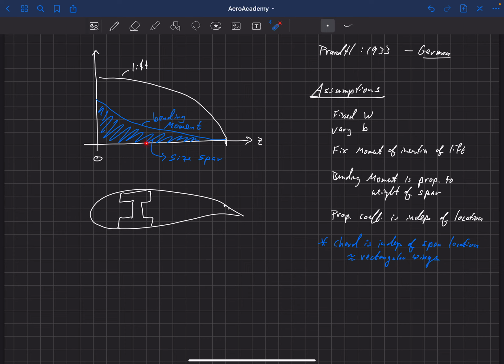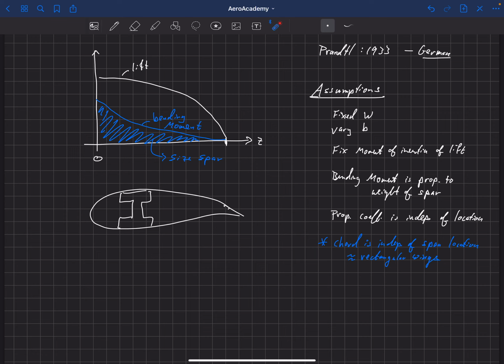We have the weight of the spar in there as one thing, right? But a lot of aircraft carry fuel in the wings, or they have engines sitting outboard on the wing, or other fuel tanks or things like that. So anyway, he neglects all of that and says that the bending moment is a function only of the lift, not even of the spar weight itself.